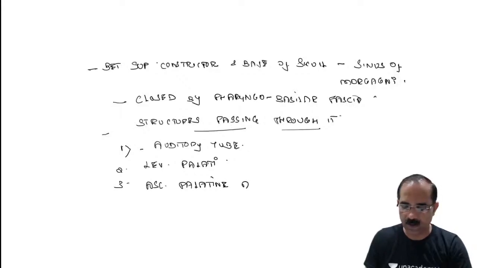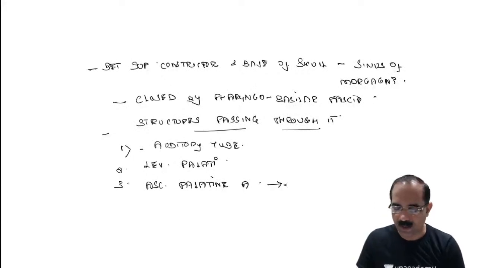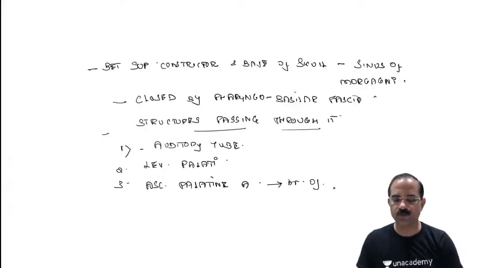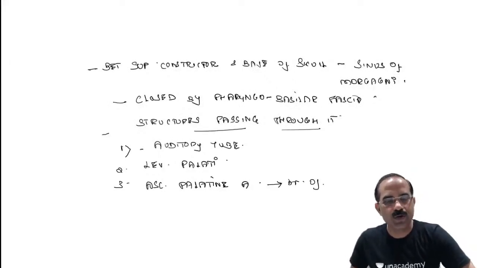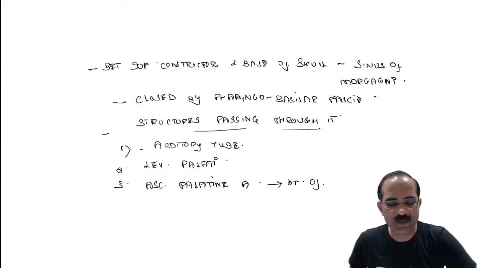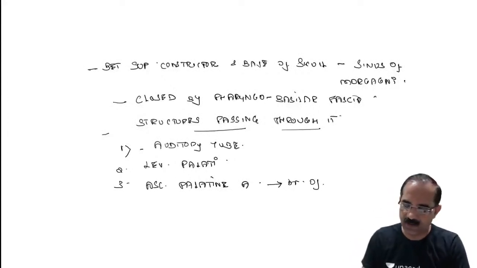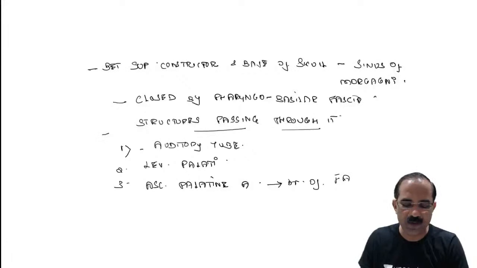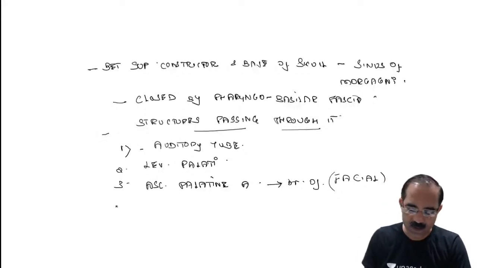Ascending palatine artery is a branch of what? Yes, the others also answer. It's a branch of facial.